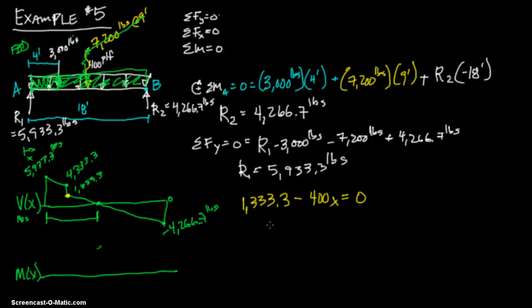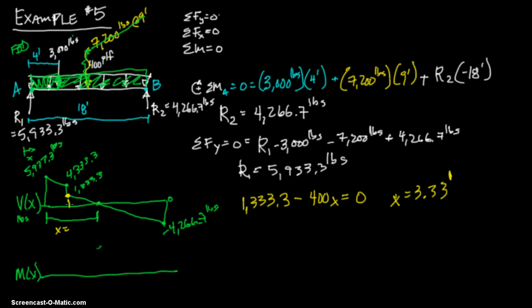Alright, so we do the quick math. 1333.3. 400x will go to the other side, and we want to divide it by 400. And that's when x equals 3.33 feet. And you say, oh, okay, that equals 3.33 feet. Not really.